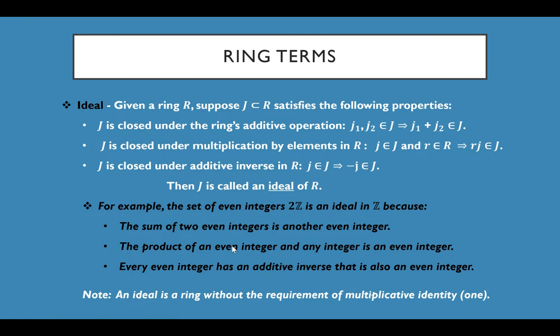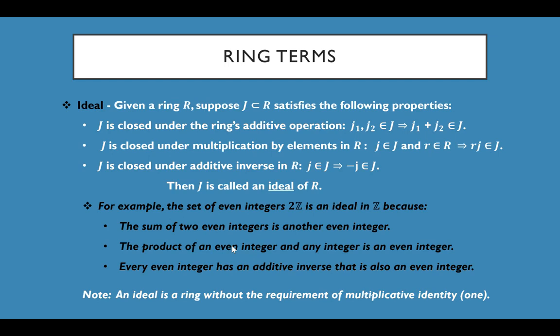I have an example. I said earlier that the set of integers Z is a ring. A subset of that would be the even integers, 2Z. If we add 2 even integers, we get another even integer. So we can say that 2Z is closed under addition. If we multiply an element of 2Z, or an even integer, times any other integer in Z, we will get another even integer.